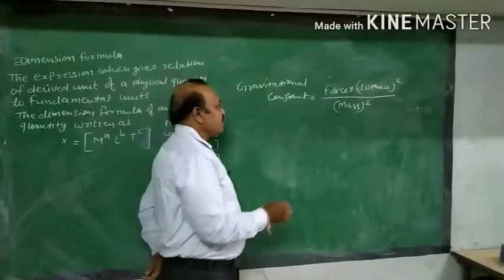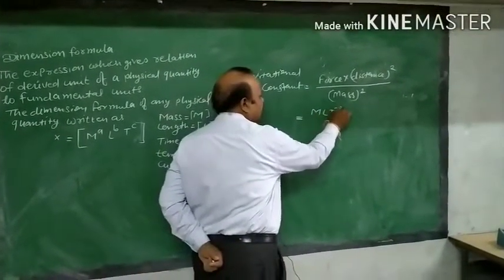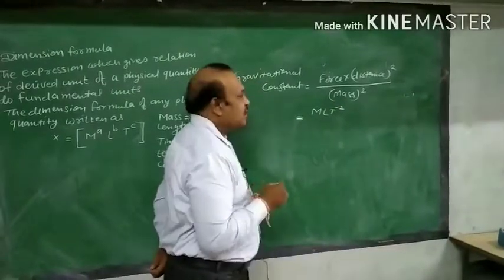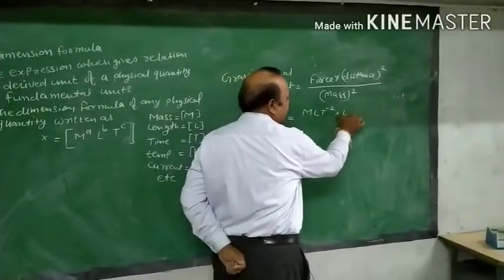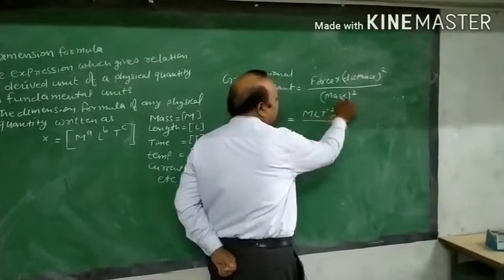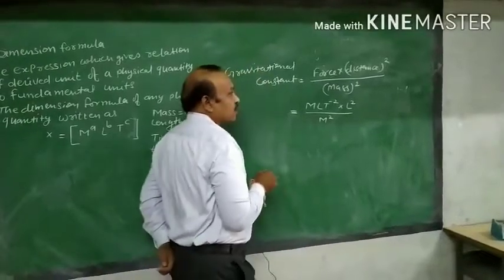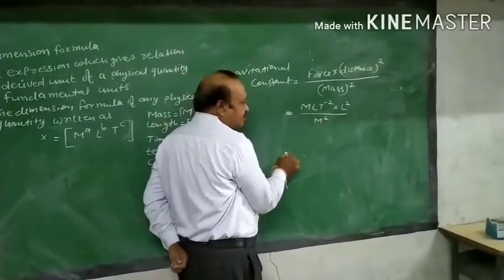What is the dimension formula of force? M L T to the power minus 2. The dimension formula of distance is L, and the dimension formula of mass is M. Now the bases are the same, so powers are added or subtracted.